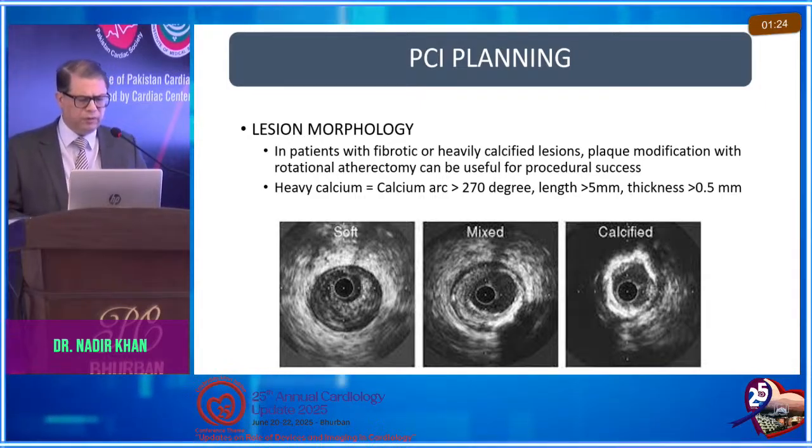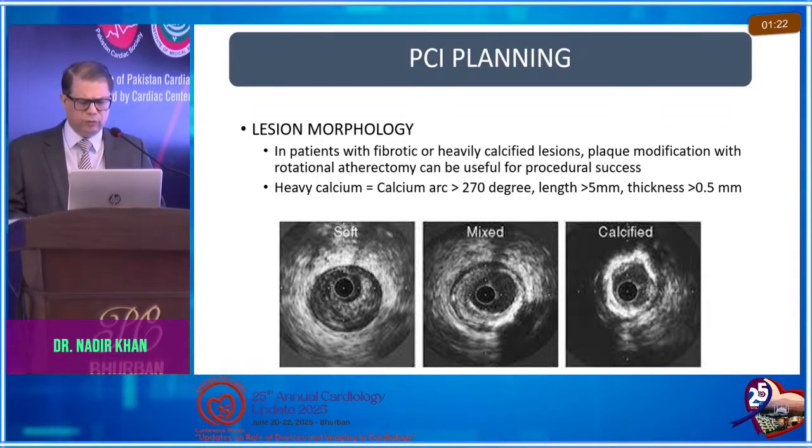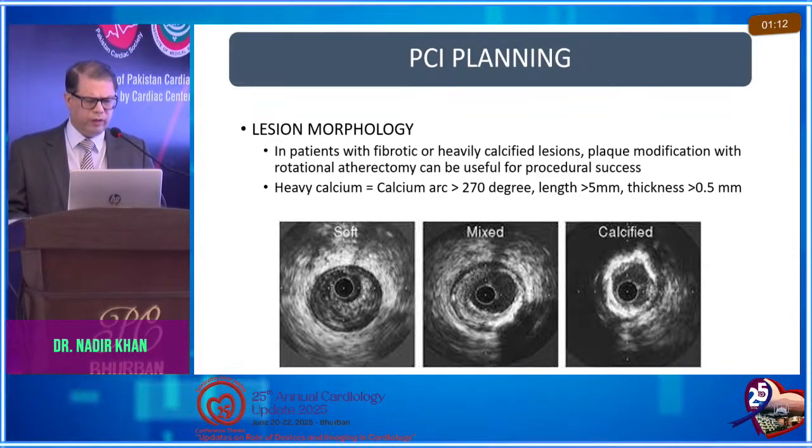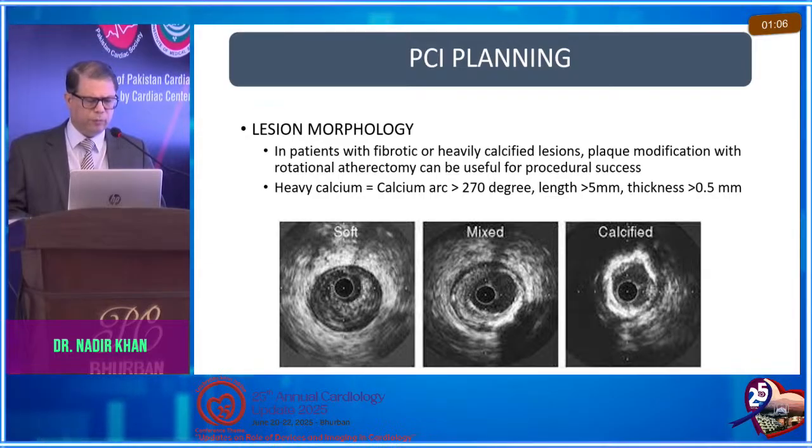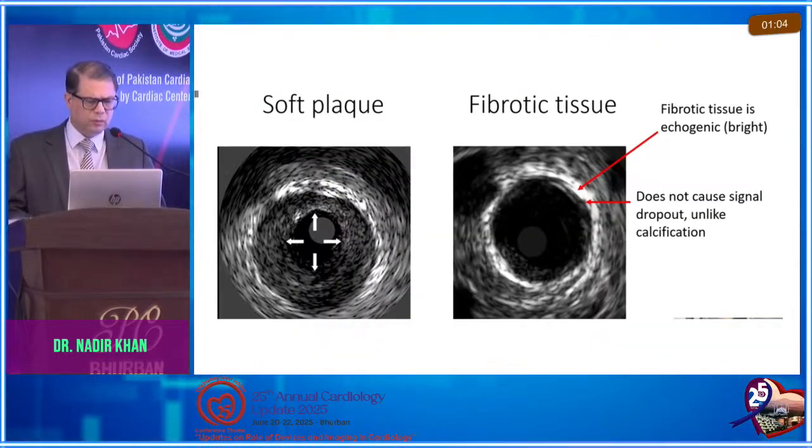Heavy calcium is defined as greater than 270 degrees, length greater than 5, and thickness greater than 0.5 millimeter. You would need some kind of plaque modification like rotational atherectomy or another procedure to have optimal results. These are again various types of plaque.